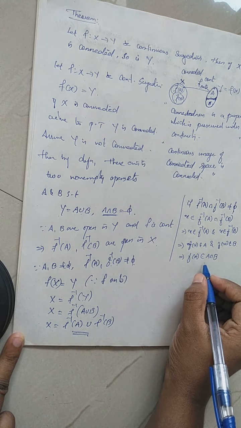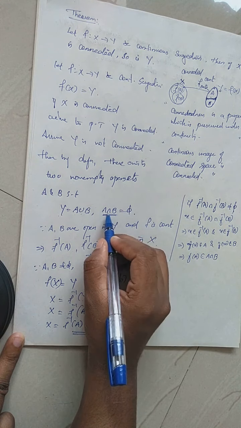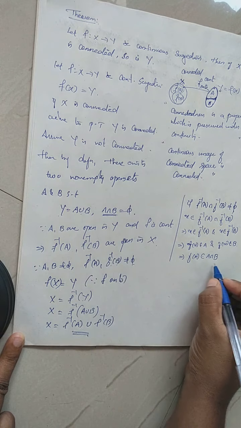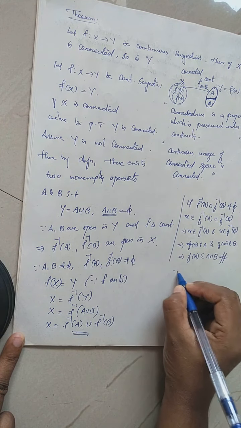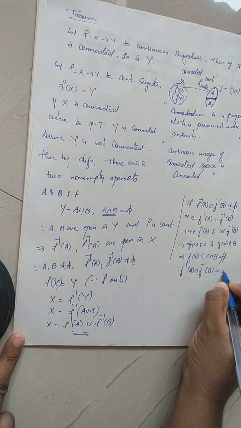Is it possible? No, because A intersection B is taken as empty, since they are disjoint sets. Since they are disjoint, it is not possible. Therefore f inverse of A intersection f inverse of B is always empty.